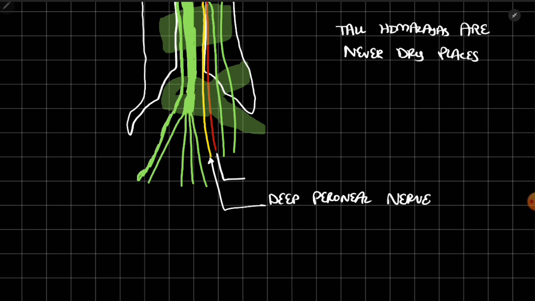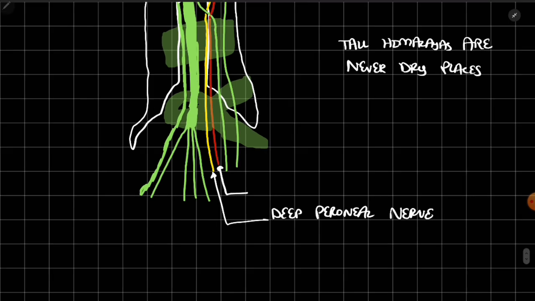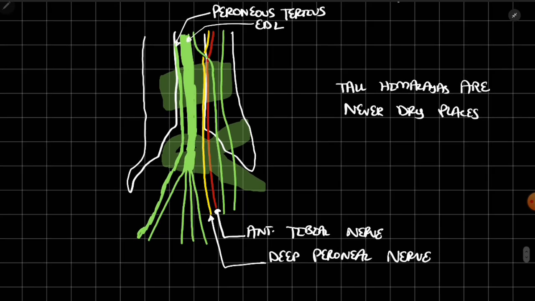This one is the anterior tibial nerve. This tendon is the extensor hallucis longus, and this tendon is the tibialis anterior.